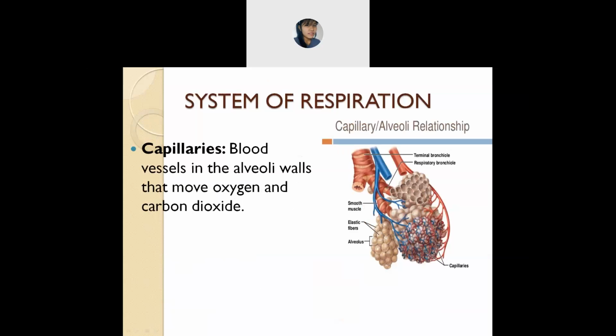So they are attached with the alveoli. And what happens here? They will also move when there will be exchange of gas. That is, when oxygen and carbon dioxide exchange, they will move. Understand?